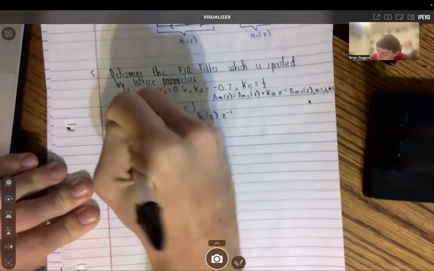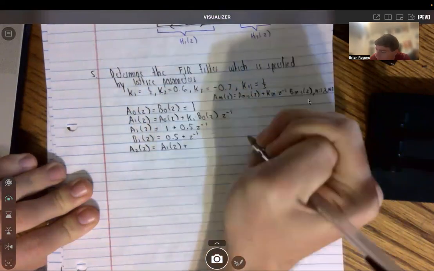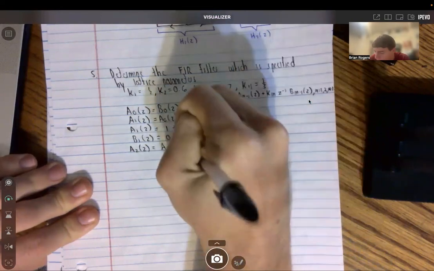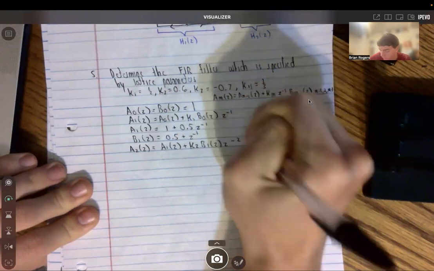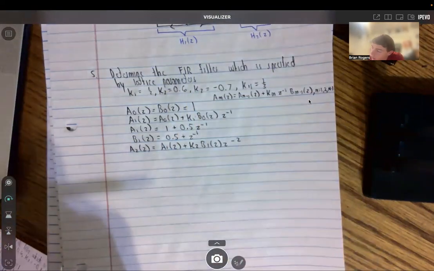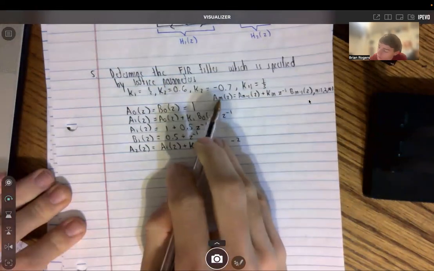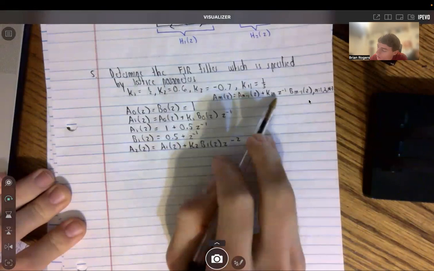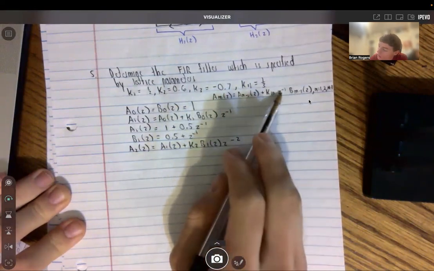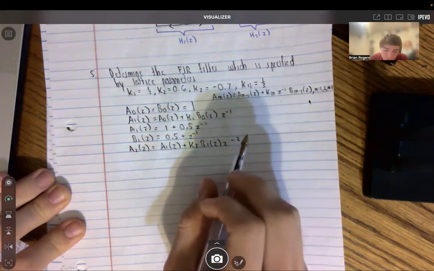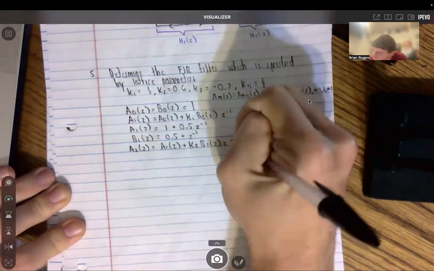Okay, now that we have that, your A2 of z we need to determine. So A2 of z is going to equal A1 of z plus K2 times B1 of z, times z to the negative 1. So 2 minus 1 is 1, and then K2, and then B2 minus 1, which is B1. My bad, so this would be z to negative 1.